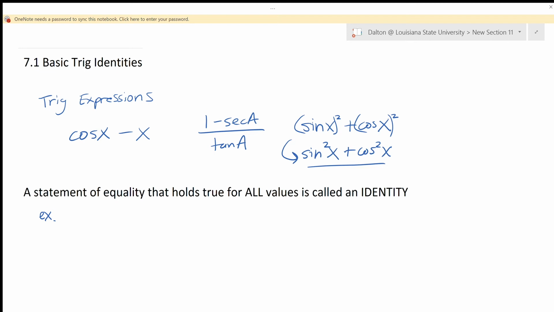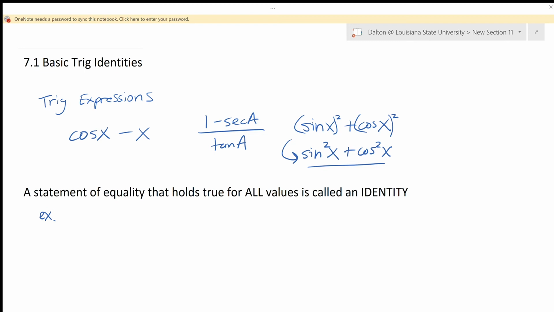What does the word identity sound like? Or what does it mean? If I say this, I'm going to give it away, but since you're not close, what number do we multiply anything by to get itself? 1. That is a multiplicative identity.